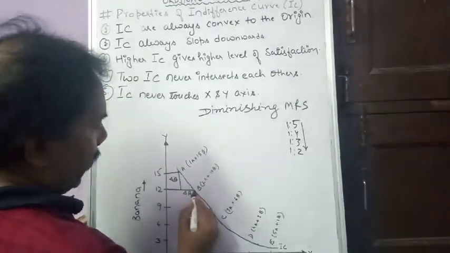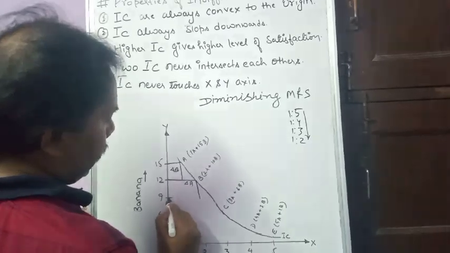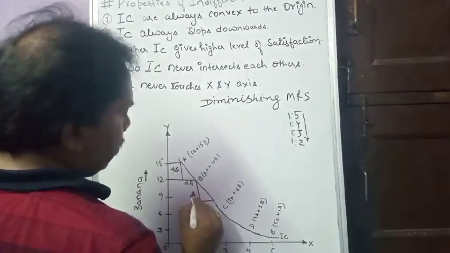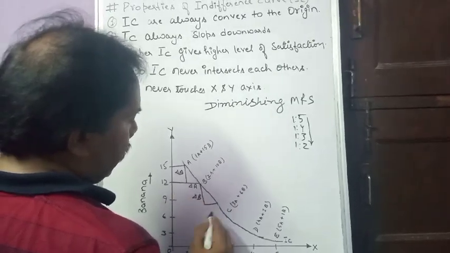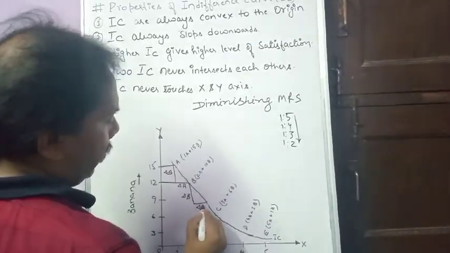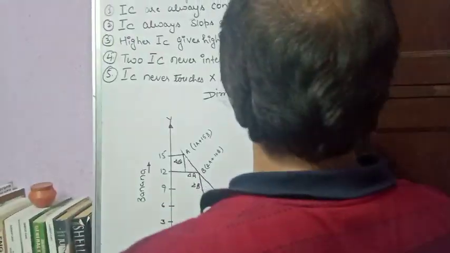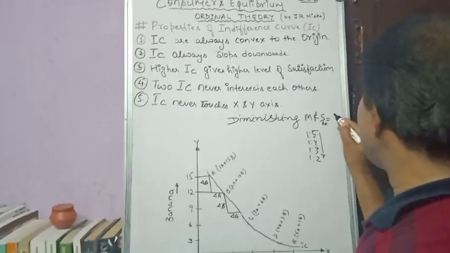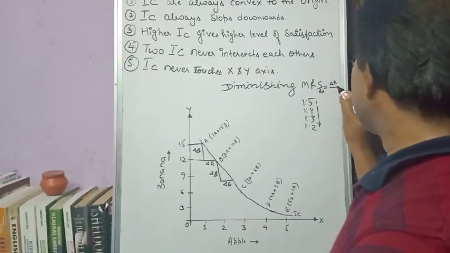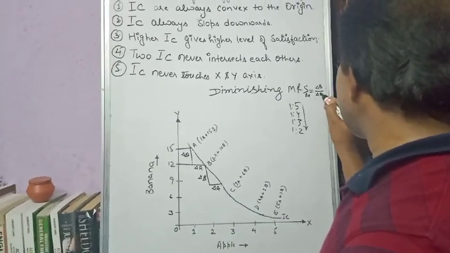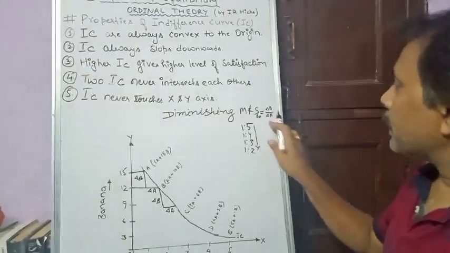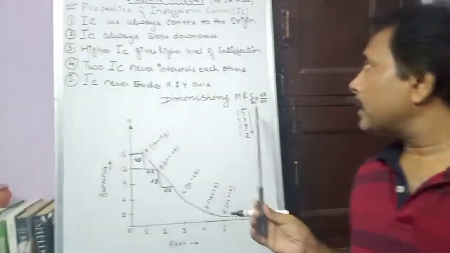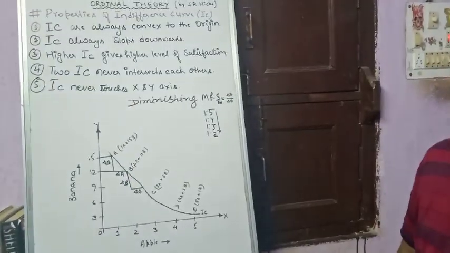Now if we again take the next point, what we find is the change in banana and change in apple. So that's why it is said MRS BA is equal to change in banana divided by change in apple, and it is always diminishing. That's why the IC curve is always convex to the origin.